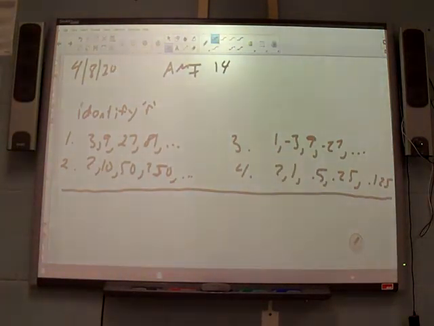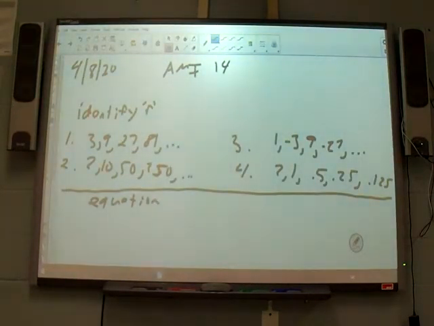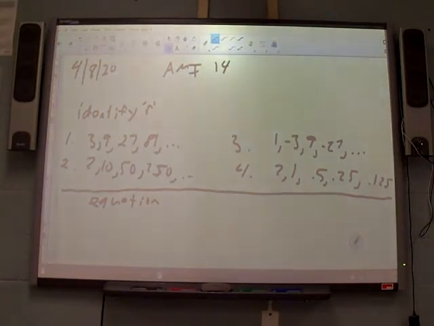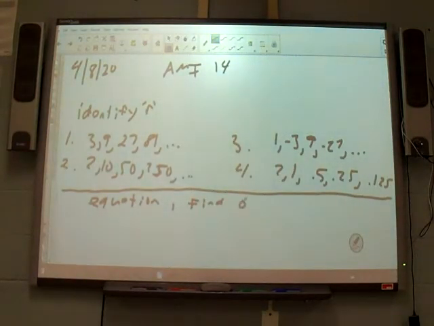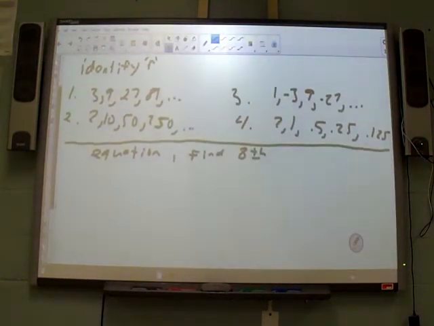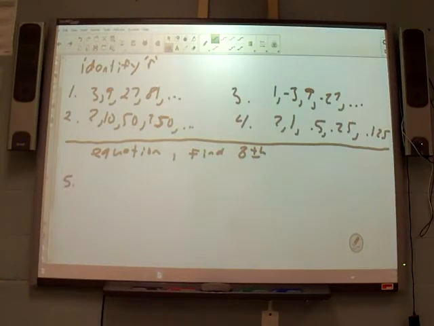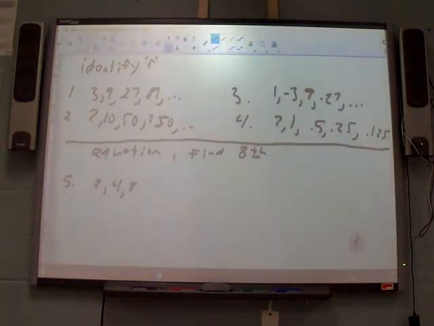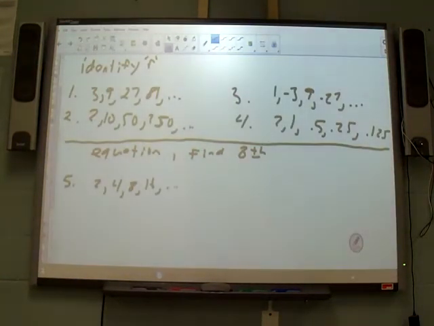I want you to write the equation, and I'll do one of these with you to make sure we get the equation written correctly. Write the equation and then find the 8th term. So you've got 2 answers for all of these. Okay, so 5, 2, 4, 8, 16. We get them all written first, and then we'll go do number 5 together. Does that sound all right?